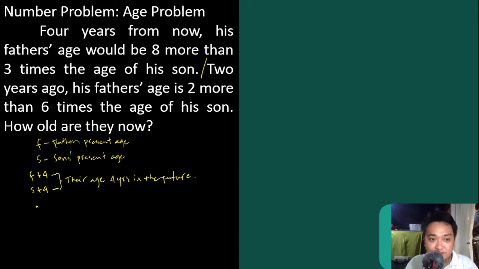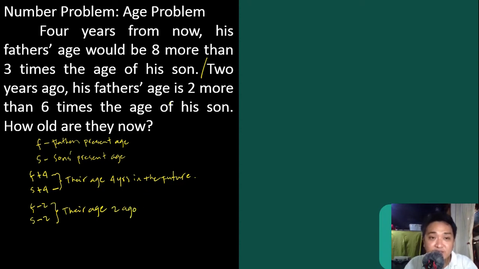Ano po? So, yung edad nila at present, minus 2. So, that is F minus 2 at saka S minus 2. Take note that F and S here pertains to the present age of father and son. So this will be their age 2 years ago.